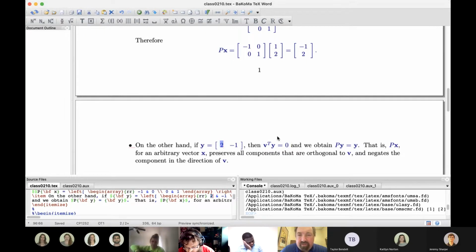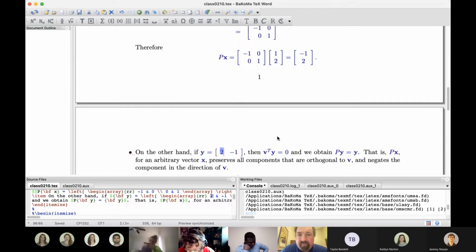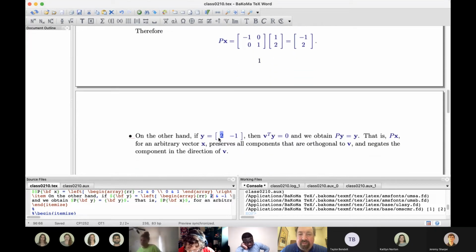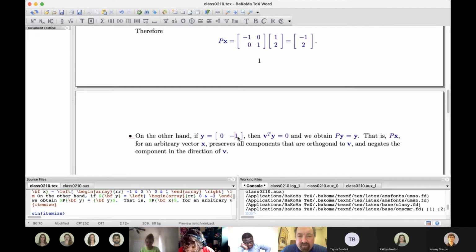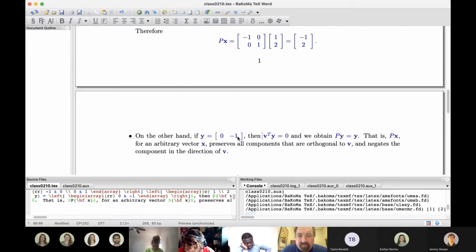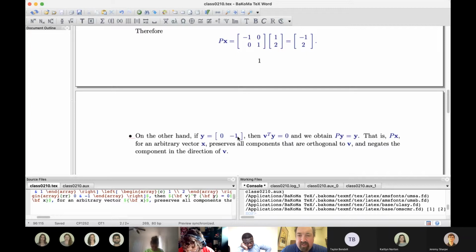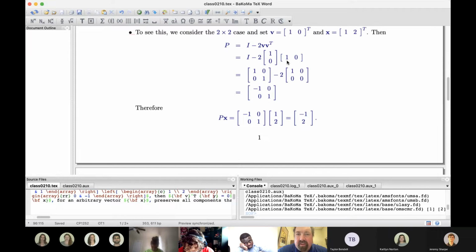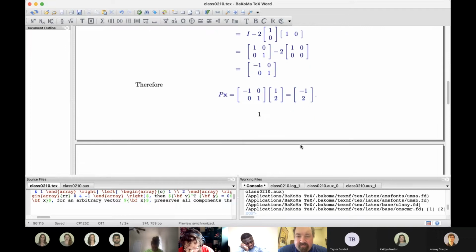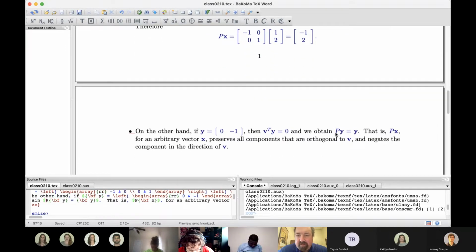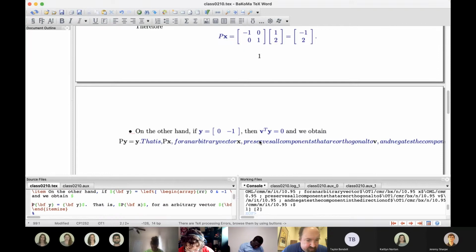Let's say y is equal to this vector. y is orthogonal to x, but I need a vector that's orthogonal to v. So if I compute Py, I'll write this in more detail.